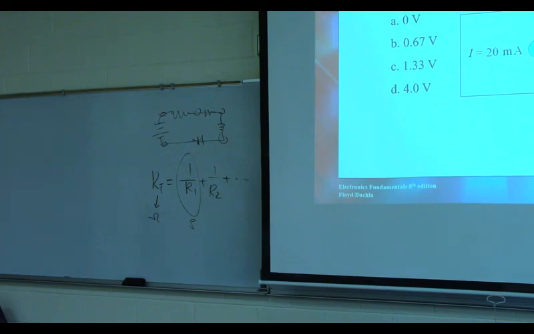How to do this? The traditional way is, okay, these two combine first. So 100, 200, what is the total? It's 20 over 3, isn't it?